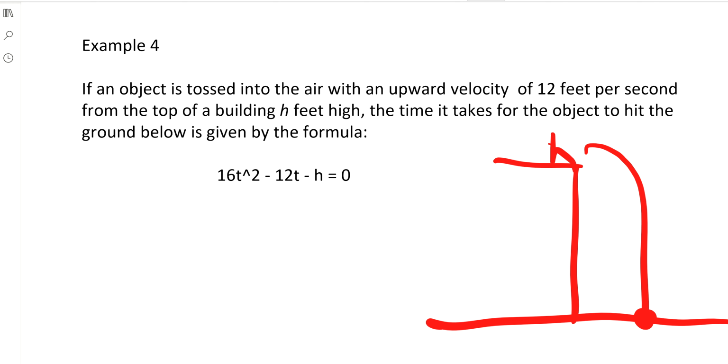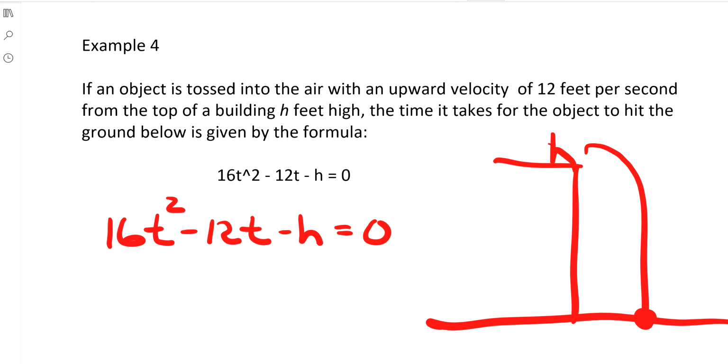Hit the ground below is given by the formula 16t squared minus 12t minus h equals 0.